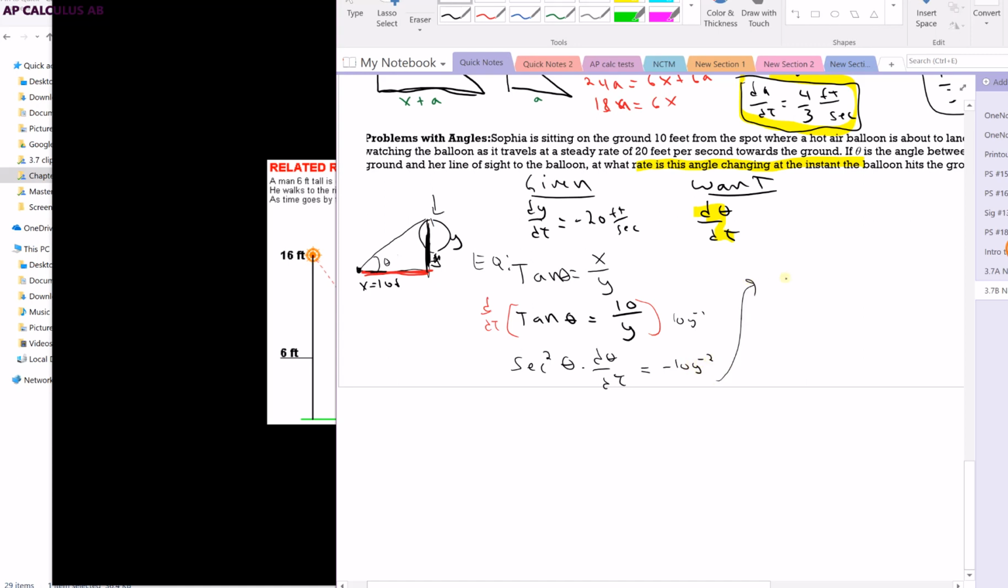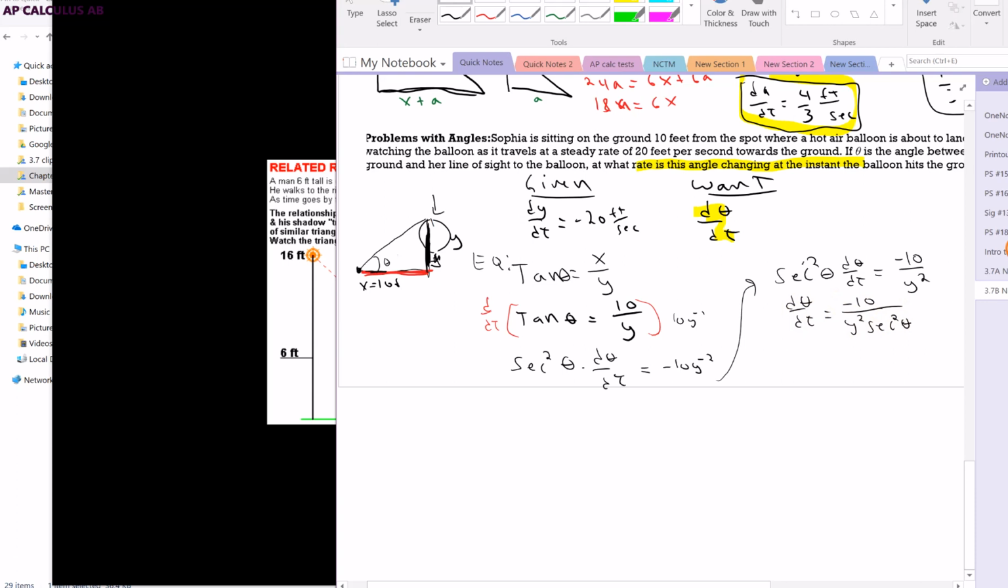This is going to be secant squared theta d theta/dt equals negative 10 over y squared. And we could divide both sides by secant squared theta to get d theta/dt equals negative 10 over y squared secant squared theta.